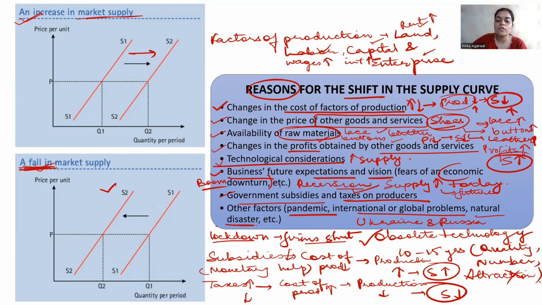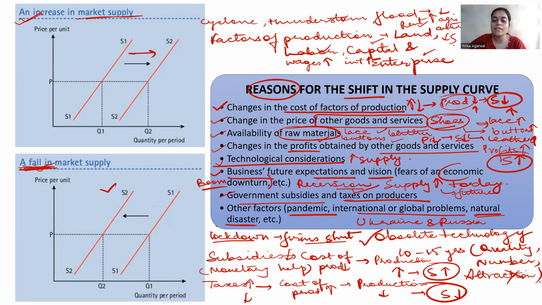And the last is natural disaster. If there is a cyclone, or you can say if there is a thunderstorm, or you can also say a flood, these all lead to decrease in the agricultural goods and services, that leads to decrease in the supply.